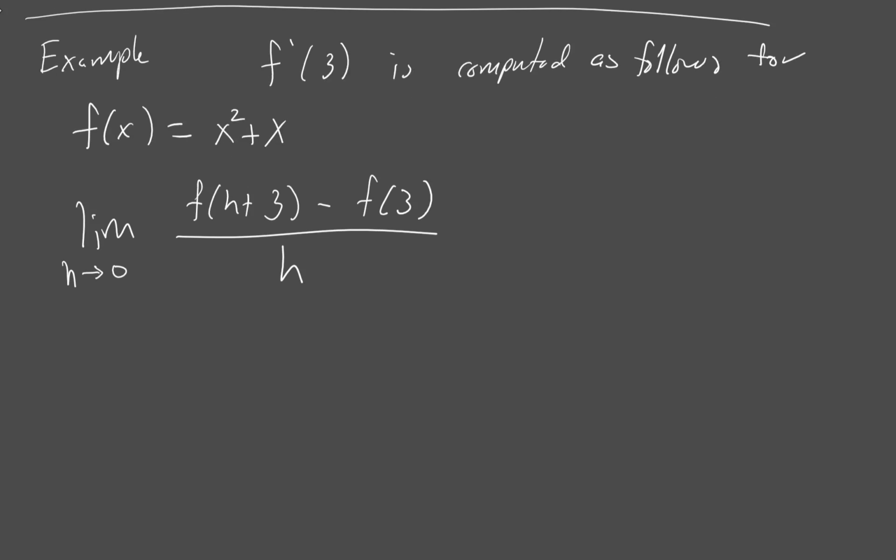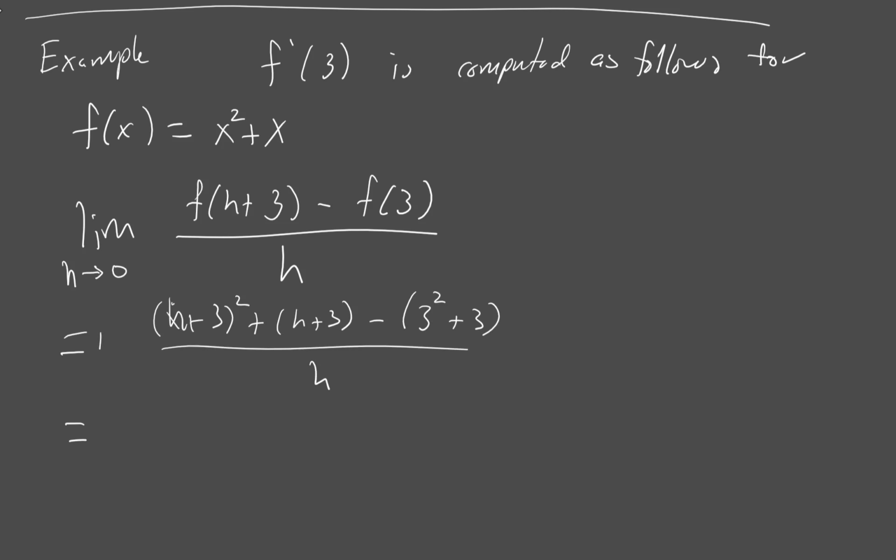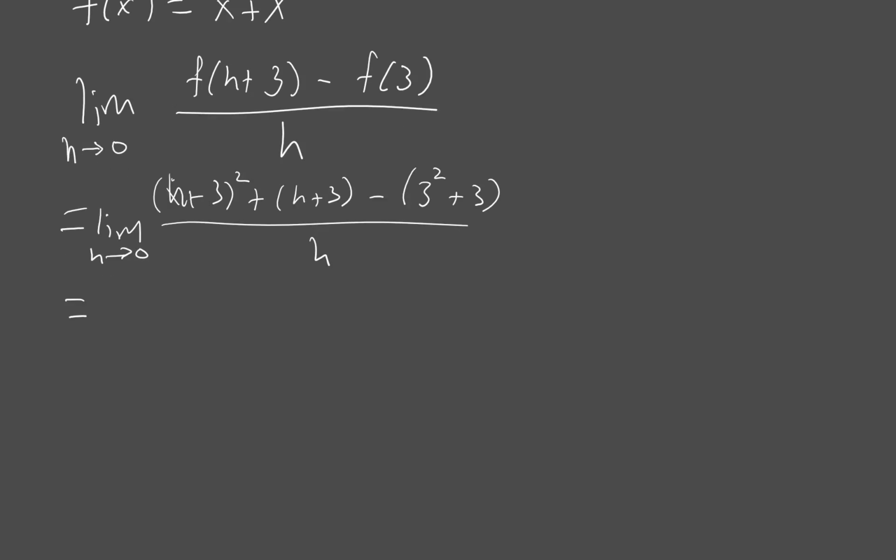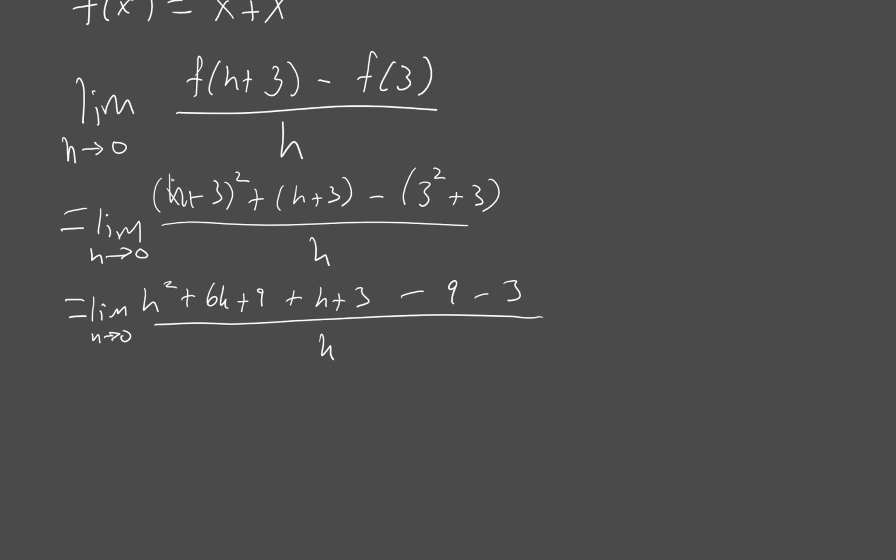That's going to be h plus 3 squared plus h plus 3 minus 3 squared plus 3, all over h. We haven't taken a limit yet, so we still have to keep that there. Algebraically, this turns into the limit of h squared plus 6h plus 9 plus h plus 3 minus 9 minus 3 all over h.